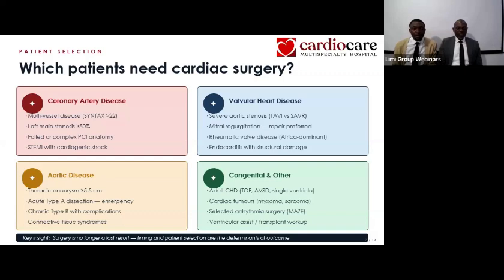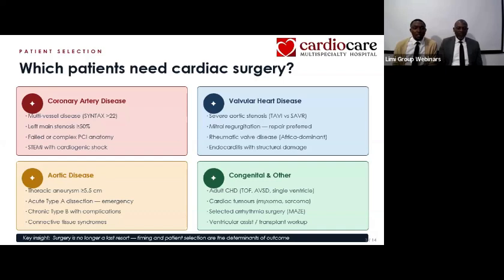areas. Now, for coronary artery disease, we know that not every patient with a stenosed vessel will require surgery, but when we see patients who have a significant stenosis of the artery, we can consider them for surgery.